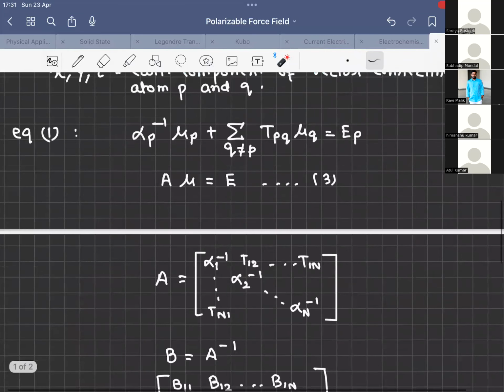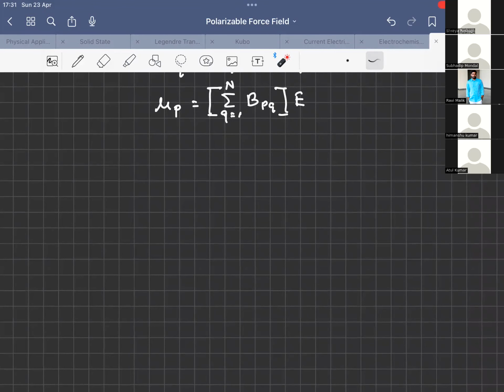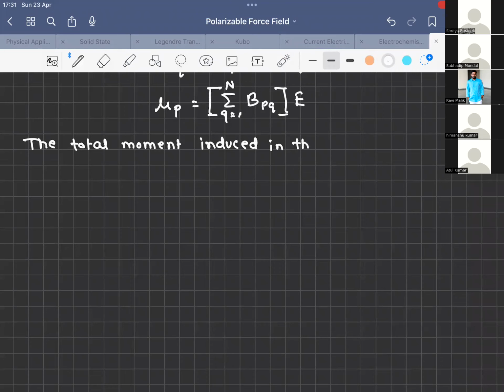So from this equation, you can calculate the total dipole moment induced, like how much the total dipole moment induced in the molecule is. Suppose mu molecular.